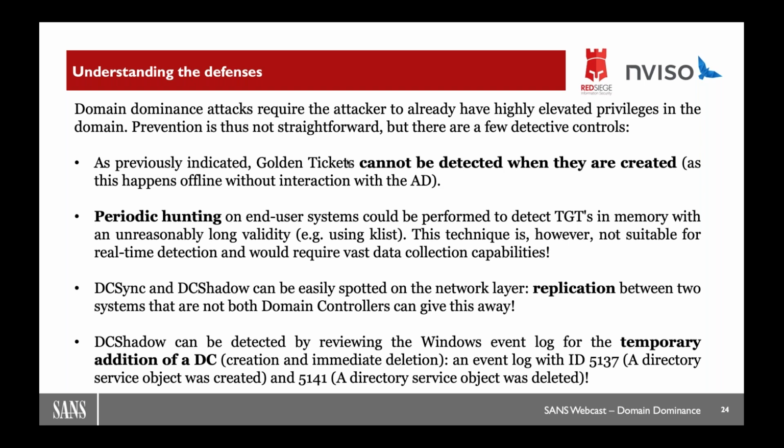First up, the creation of a golden ticket cannot be detected because it happens offline. That being said, you could try to spot the fact that it's being used. For example, hunting for TGTs in memory, which have an unreasonable long validity time, for example, using the built-in klist command. We could also try to build, and it's not on the slide, what we call a stateful Kerberos, which is something that a couple of commercial products are trying to do, and which ATA, which is a Microsoft commercial product, is kind of doing as well, because they try to keep track of, okay, but what's going on here?